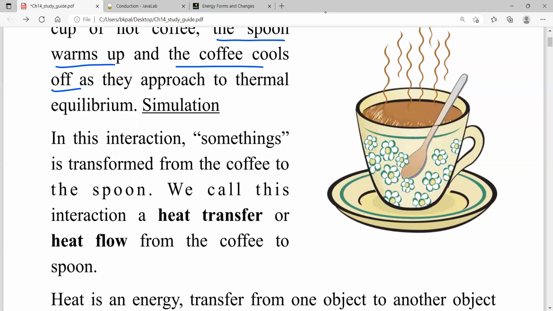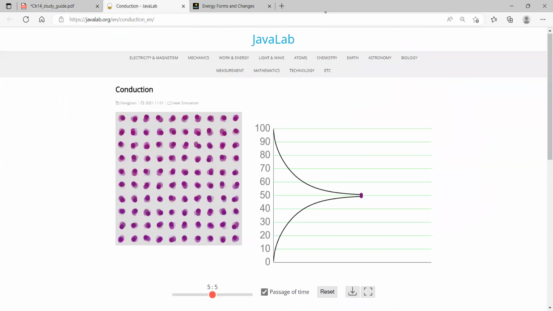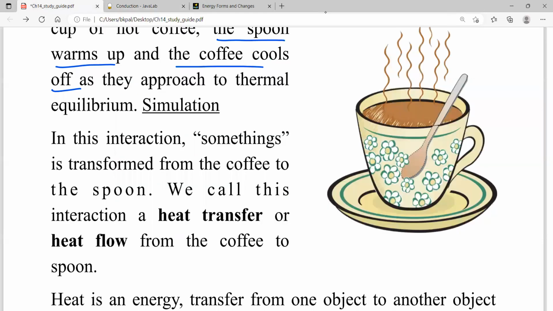So heat is basically a form of energy that enters from one object to another object when the two objects at two different temperatures are in contact with each other. So in the simulation, heat is transferring from the hot object to the cold object. The energy is transferring from one object to the other object.